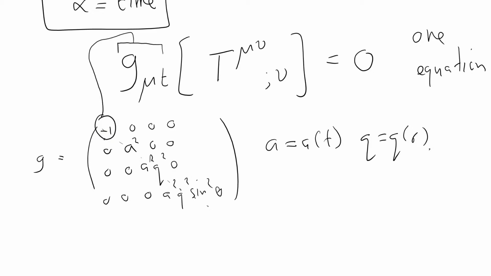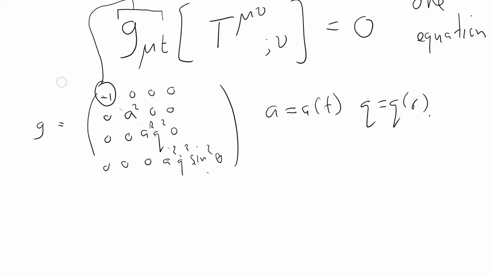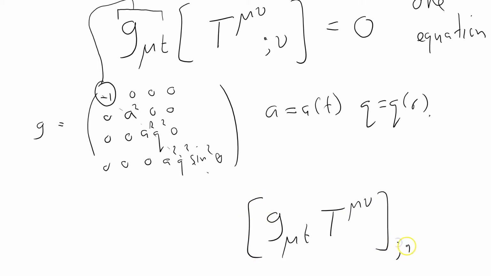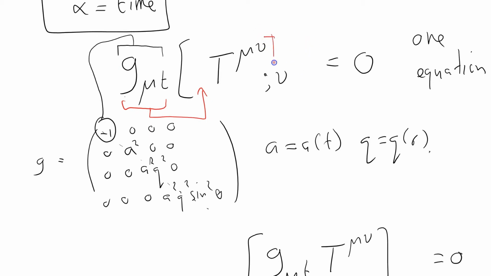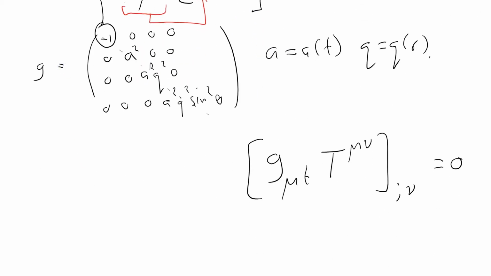And if it's a constant, I can take it inside the bracket, because we are differentiating here. So what that says is that g mu 0 T mu nu semicolon nu equals 0. I've taken this metric tensor here and observed that because it's constant, it can slip inside this bracket. Maybe it would be clearer if I wrote that bracket there, just to make it absolutely clear what's going on.